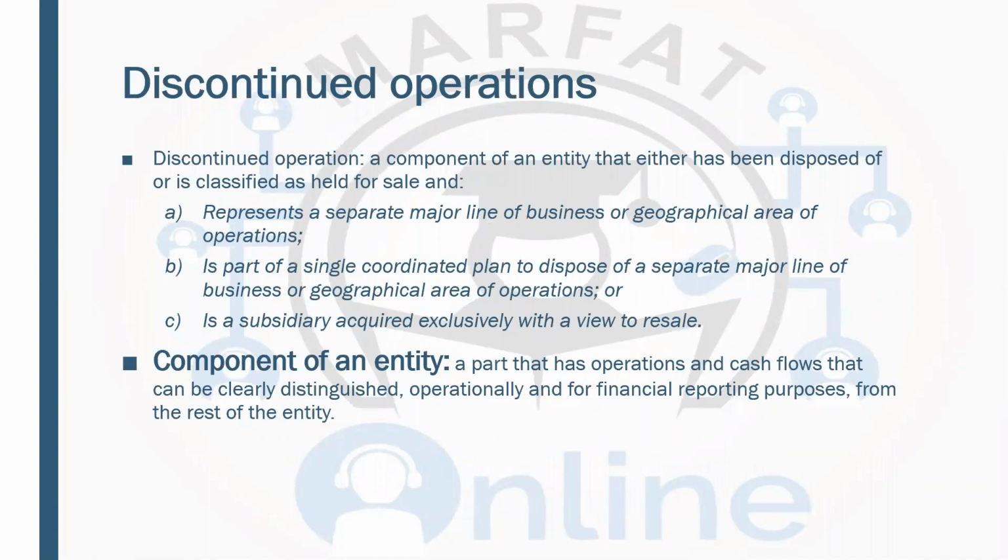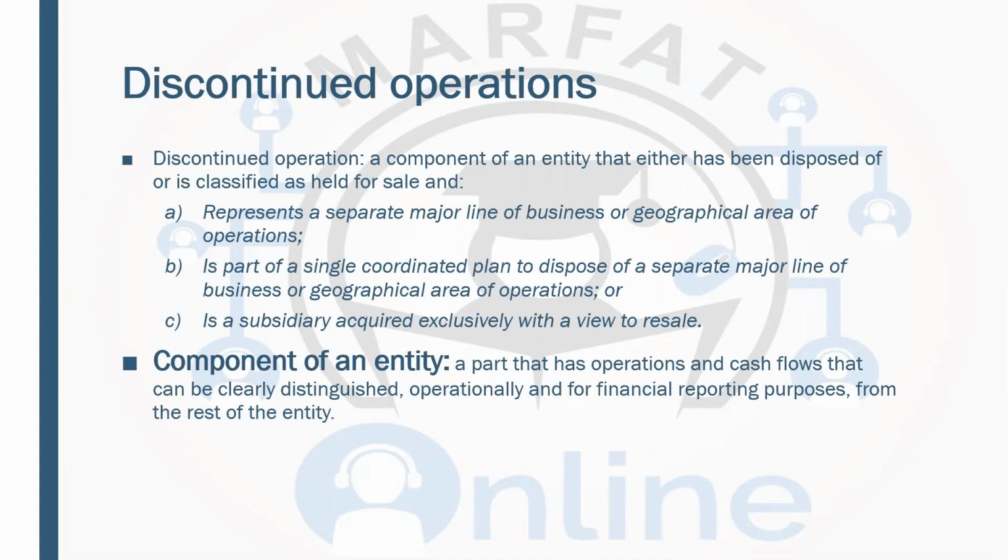Now, the last thing in the standard is the discontinued operation, which is again very important. I have already given you the flavor of this at the start of the lecture. If you have assets which you have classified as held for sale, or a subsidiary which is even bought for the resale purpose, acquired for the resale purpose, that means it will be sold within 12 months.